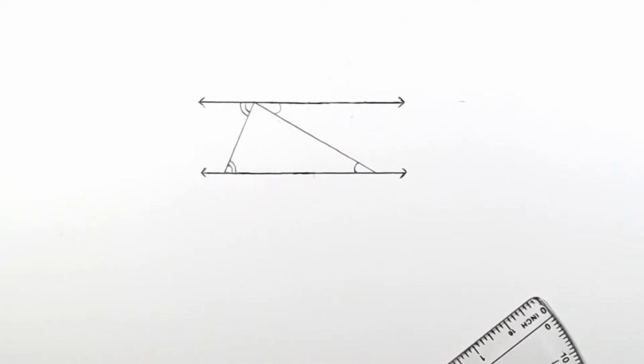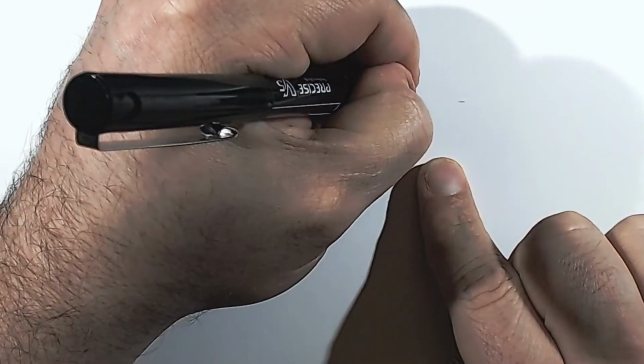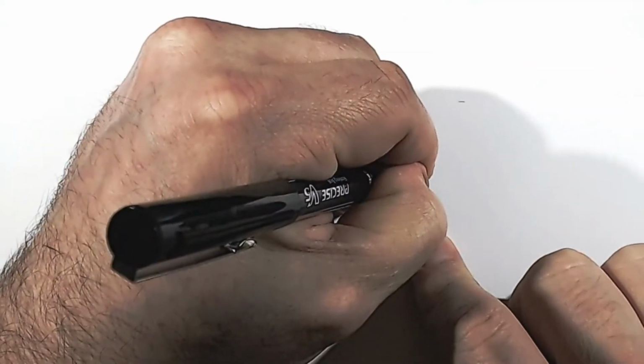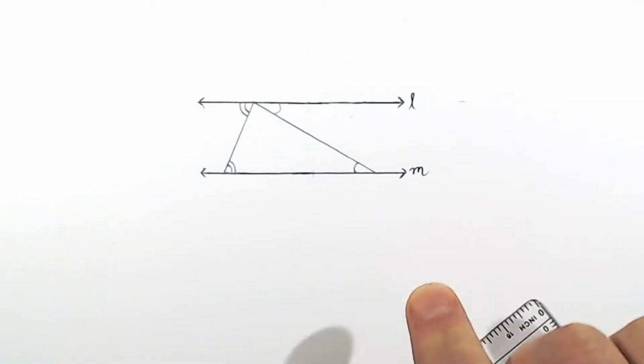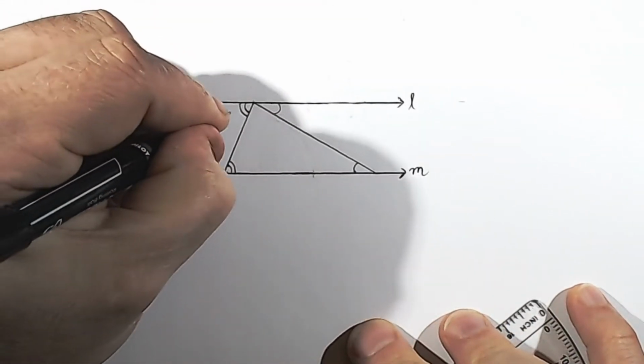So let us now label this image with all the things that came with it in the problem. We were told that this top line should be called L, and this bottom line should be called M. We were given that this angle right here was called angle 1.